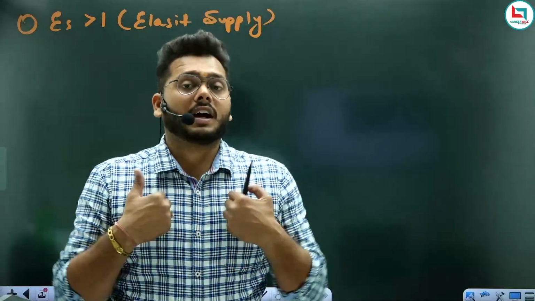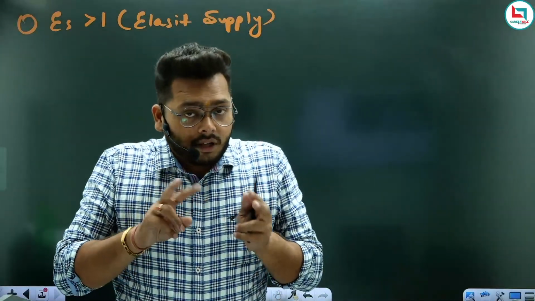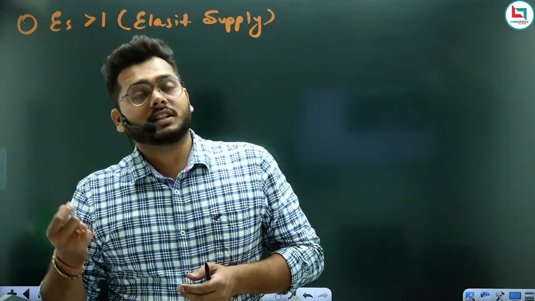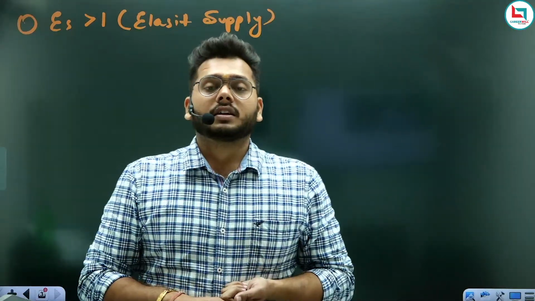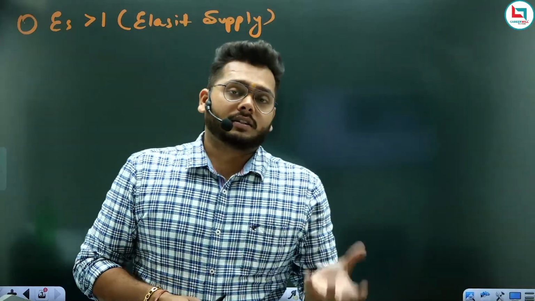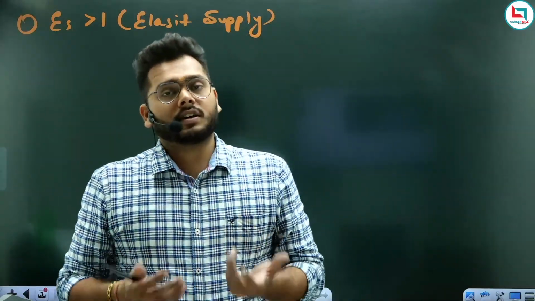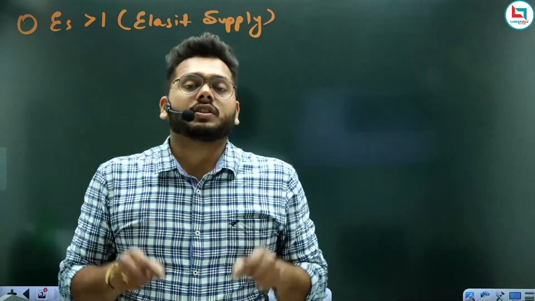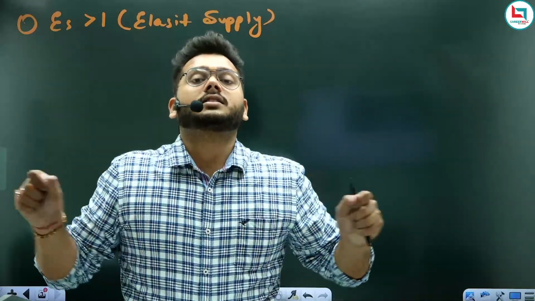If I ask you which is changing more, price or quantity, you will say, sir, definitely one variable is changing 10% and the supply is changing 30%, so supply is changing more. So this condition is known as elastic supply.